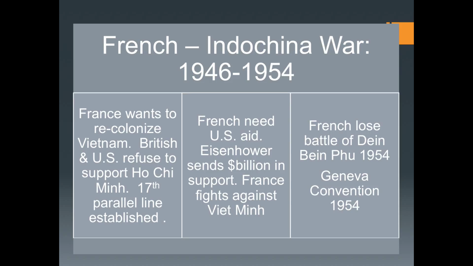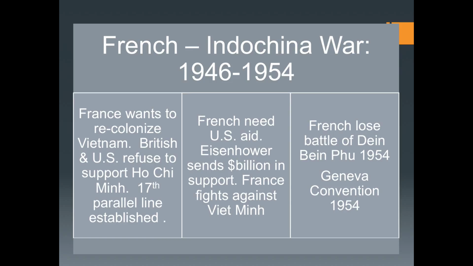And that's exactly what the Viet Minh do. The Viet Minh, by the way, is the army of North Vietnam. That is the communist army right there. They scale the sides of the mountains. They surround the valley and they bombard it for several days with their cannon, basically killing thousands of French soldiers, and they're forced to surrender. And thereby France loses the Indochina War when they lost the Battle of Dien Bien Phu.